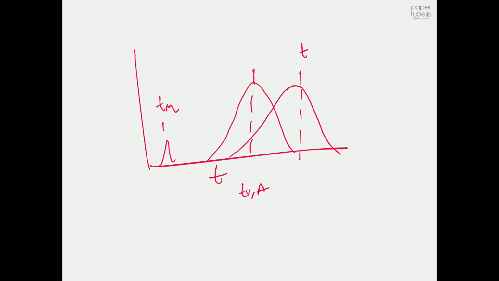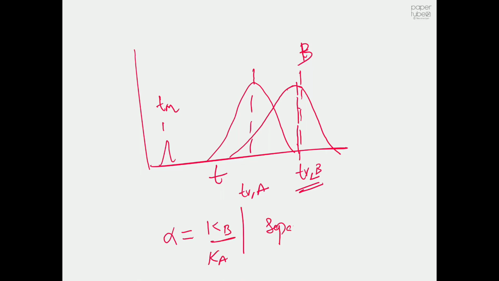This is compound B, and this line is TR B. Even for this case, we can calculate the alpha value. Alpha will be just equal to KB by KA. So we can still calculate the separation factor, because we have some difference between the retention time of A and the retention time of B.